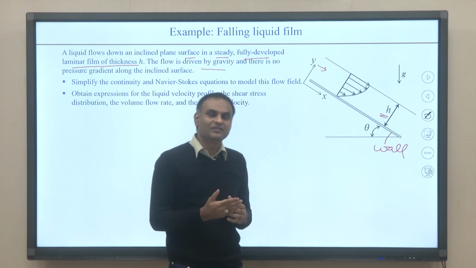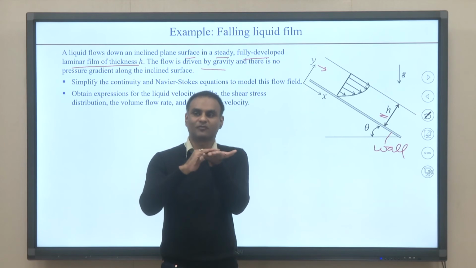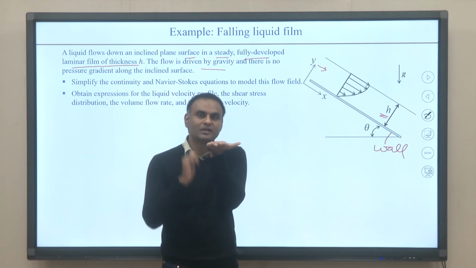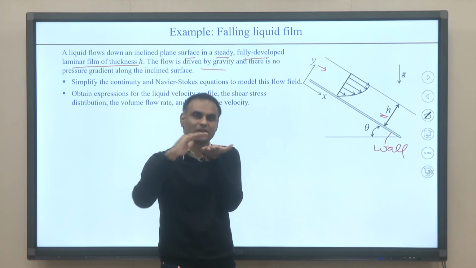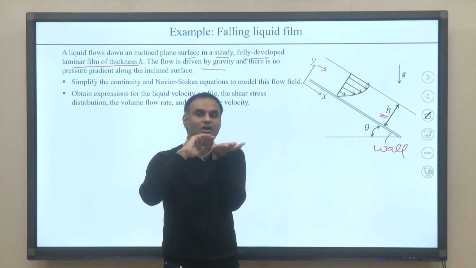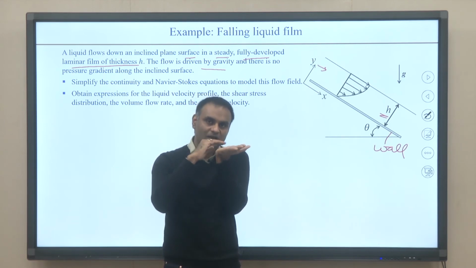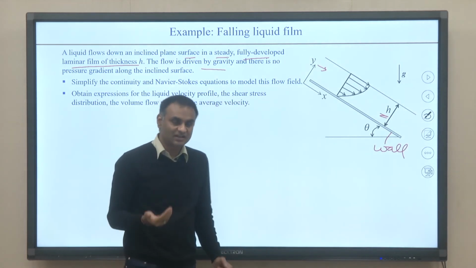The third driver is shear driven flow. So, for example, if we have some liquid on our hand and if we blow over it, then there will be some flow in the liquid, and that is because of the shearing motion that we provided by the air that we blew. So, that will be shear driven flow.